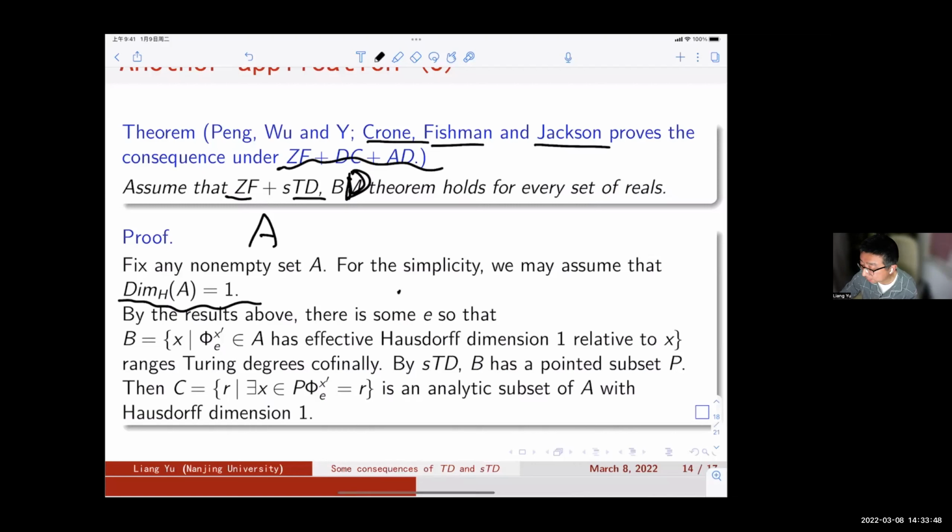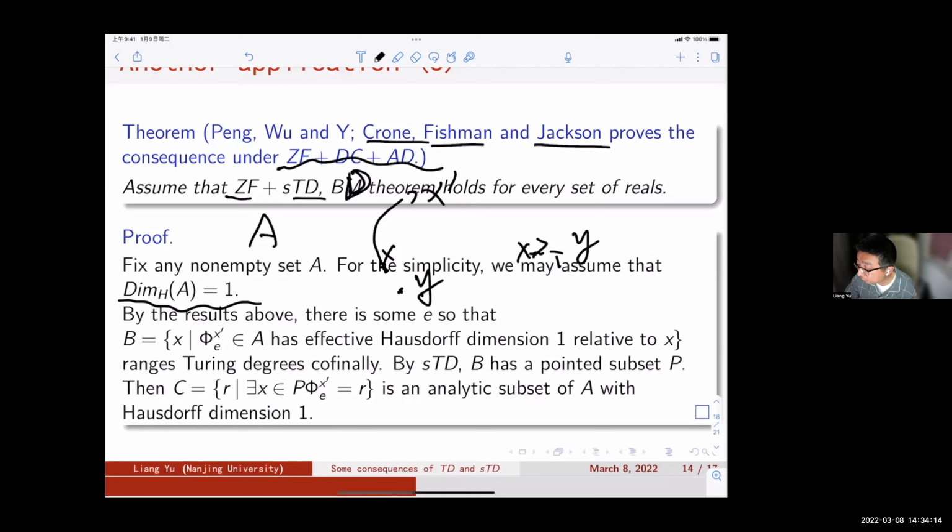For any Y, we know there is a real X such that X is Turing above Y, but X is low for effective Hausdorff dimension relative to Y.